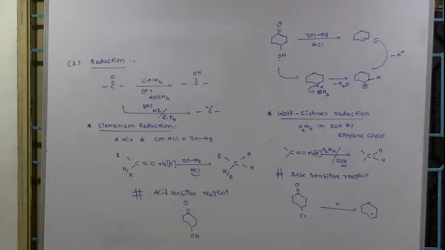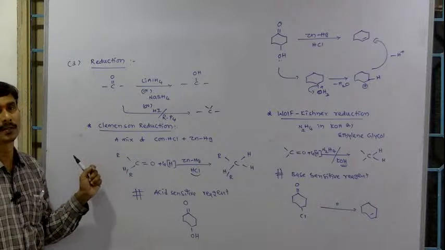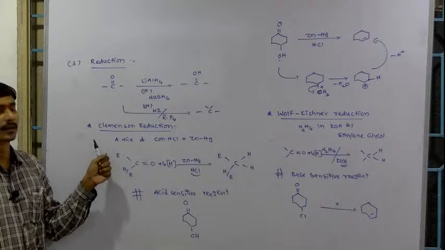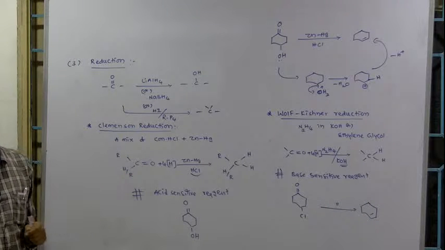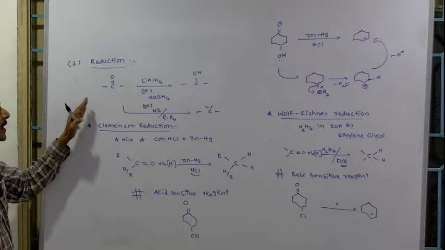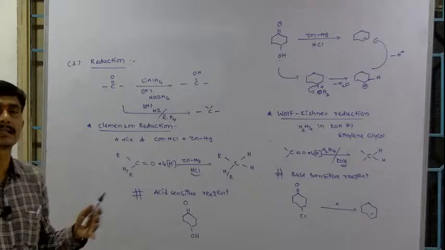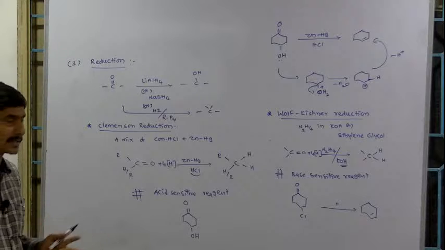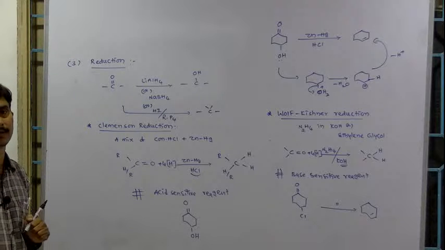Okay. Along with that, we discuss some more reducing reagents, that is DIBAL-H and lithium tri-tertiary butoxy aluminum hydride. These are metal hydrides, but they will not reduce aldehydes and ketones. They reduce the acid derivatives, such as acid halides, acids, anhydrides, and esters, but not the aldehyde.